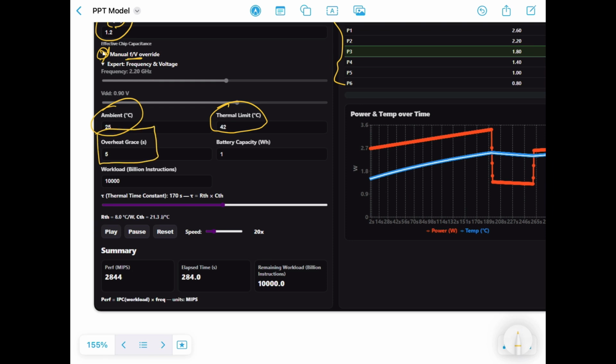What this means is if the temperature hits the thermal limit, and we don't have this overheat grace, what happens is the DVFS starts to oscillate. So if we give it some time, let's say 5 seconds here, then we can have a much more graceful movement in the DVFS algorithm.